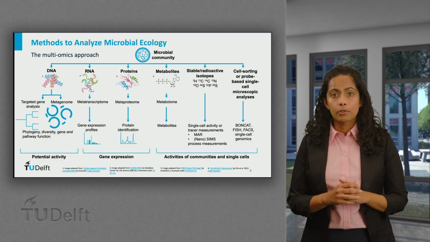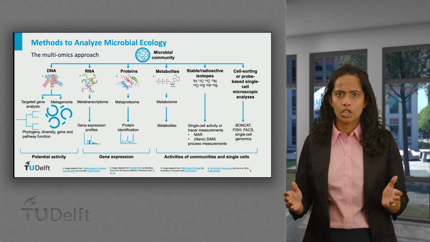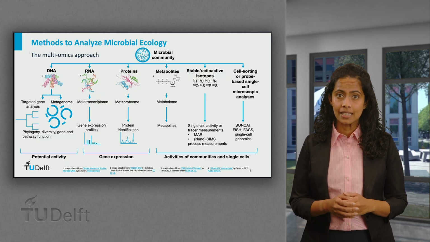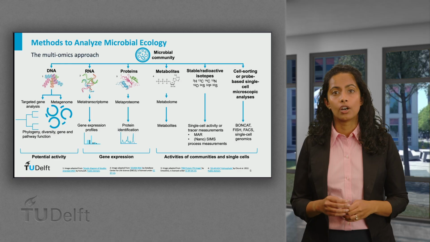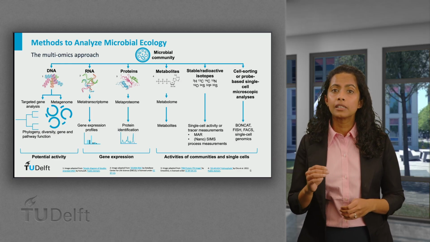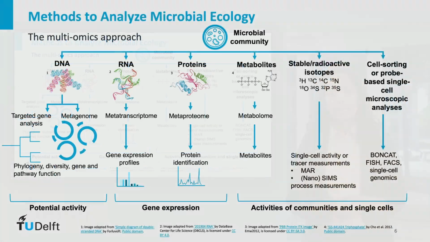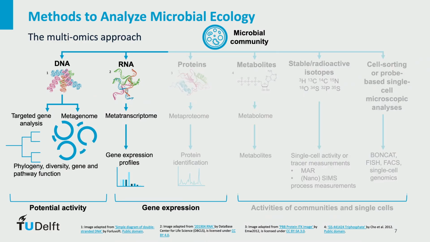In this module, we present a range of multi-omics methods to investigate microbial communities. From these, in this lecture, we are focusing on the ability to describe microbial community functions using DNA and RNA. The ability to sequence the genome, either at a single gene level or metagenome level, allows for exploring the phylogeny, diversity, and hypothesizing potential activity based on gene or pathway function.